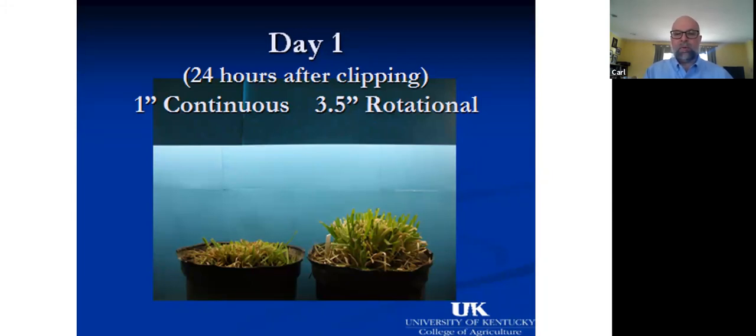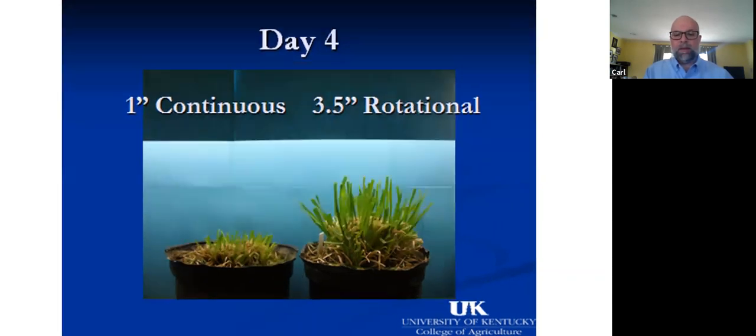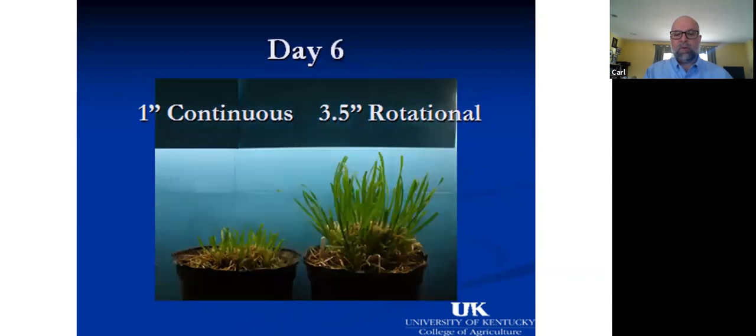And so if you're starting out like this on day one, and then you see over time, over the course of just 6 days, you can see the difference in growth.